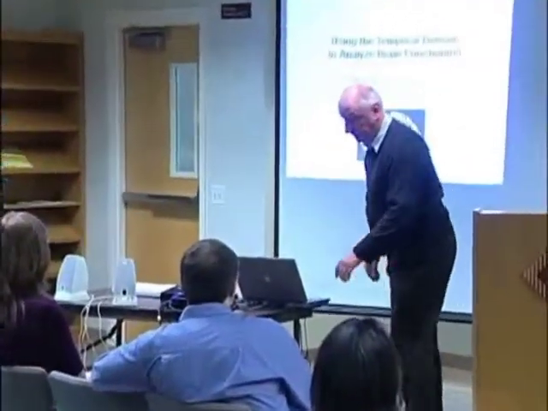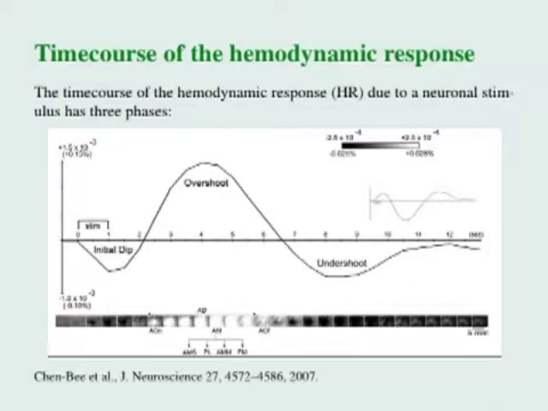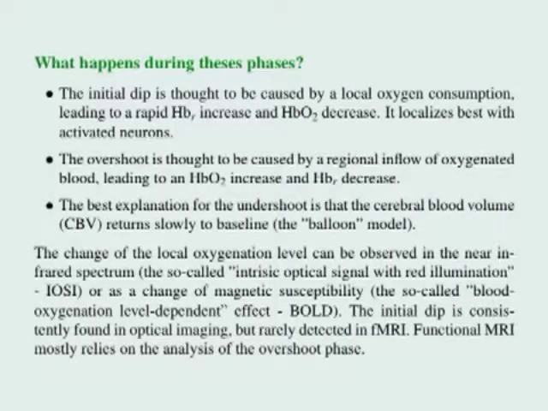Great, this way. Okay. So again, the hemodynamic response has three phases: an initial dip, an overshoot, and a long undershoot. And how this comes up is that, first of all, we have a neuronal population that is active, consumes oxygen.